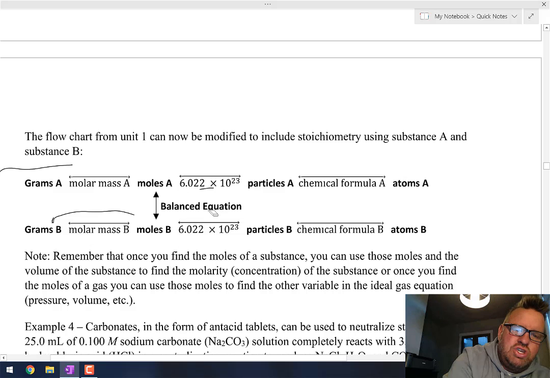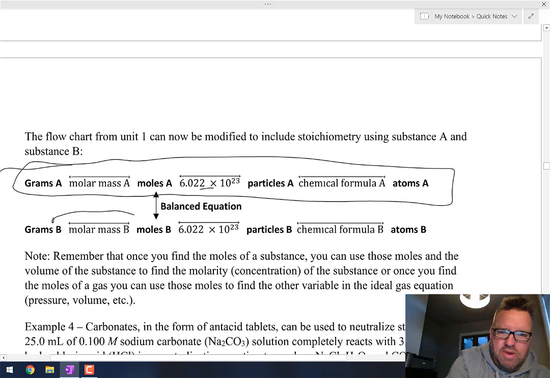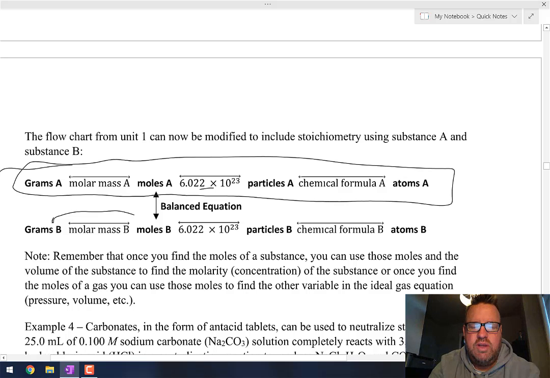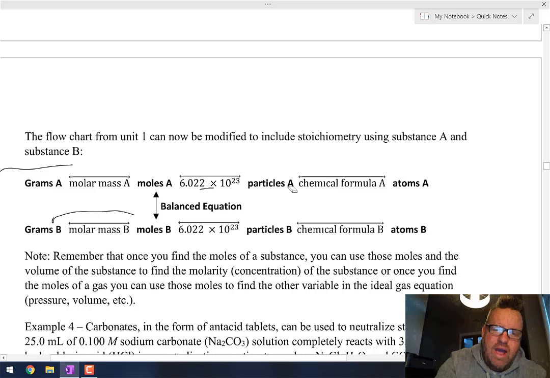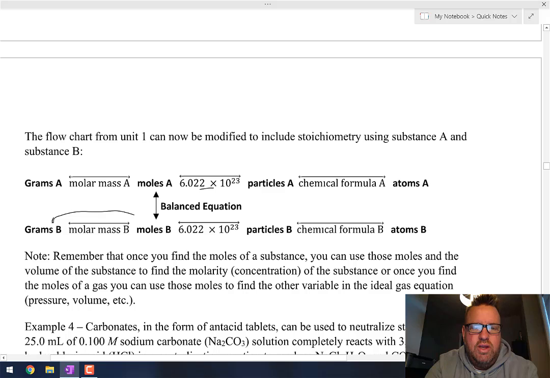So initially, we learned these steps right here: grams to moles, moles to particles, and then particles to atoms. But now we've also thrown in a little bit of that stoichiometry as well, where you can go from moles of one thing to moles of something else. But you can only do that with moles.